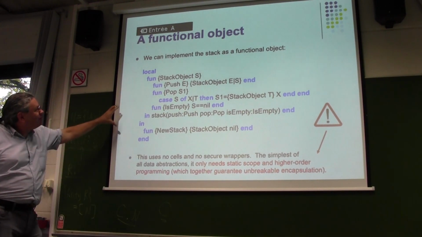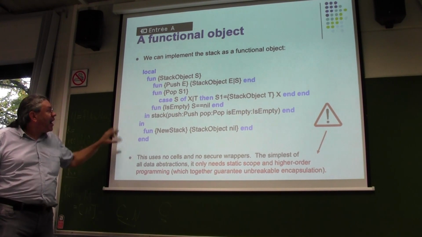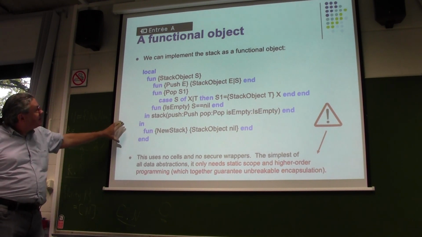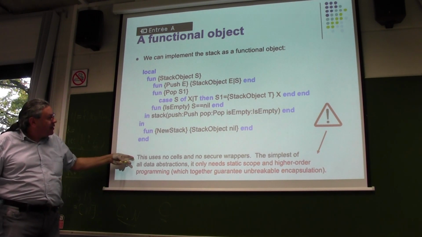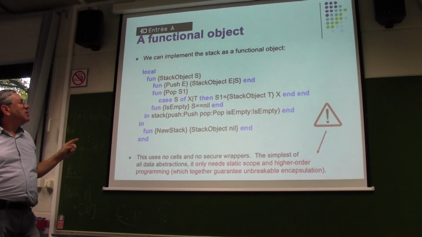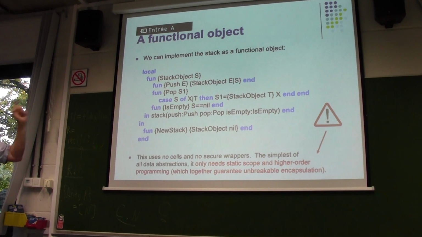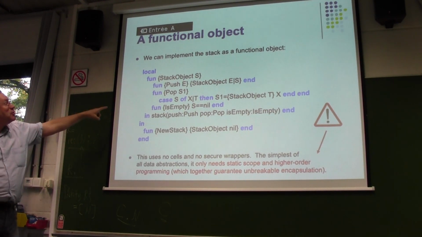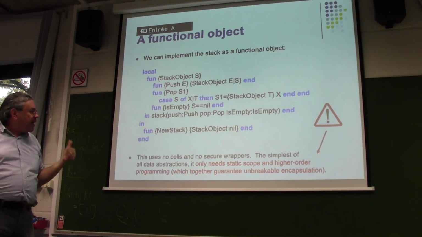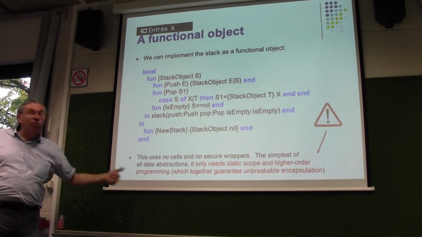So this is actually a really interesting use of higher order programming. Okay? And it's semantically very interesting because there's no cells here and no secure wrappers. This is actually the simplest of all data abstractions because it only uses static scope and higher order programming.